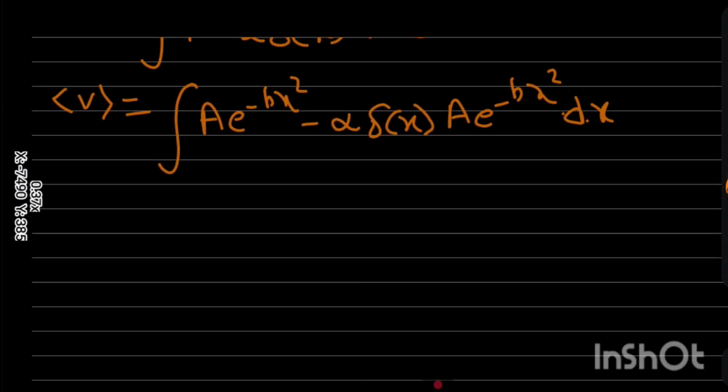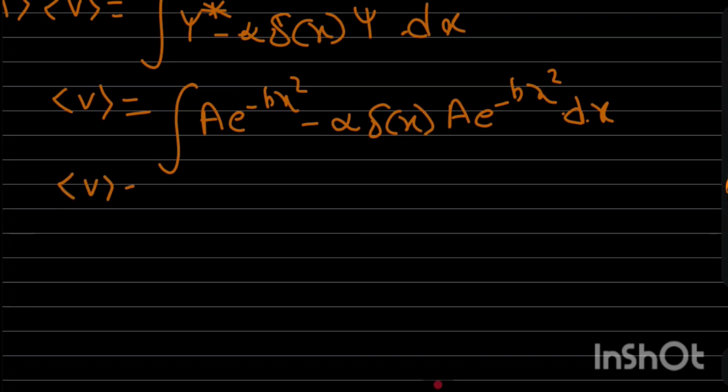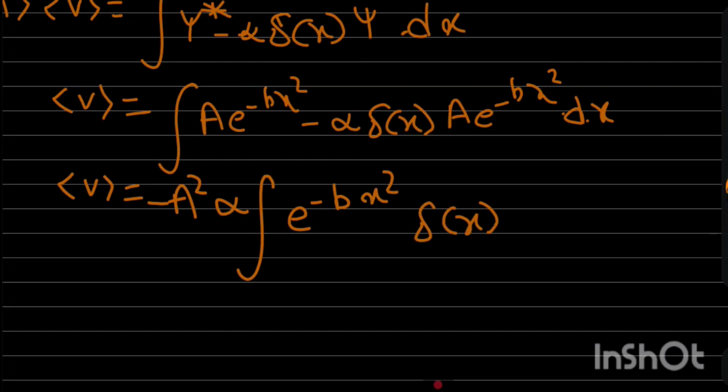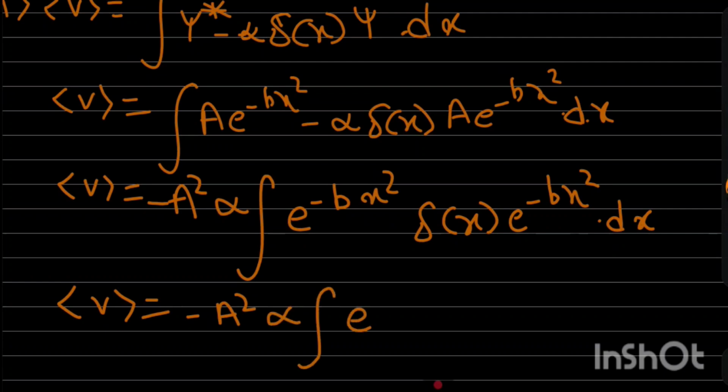If we simplify this, the a square comes out, and also negative alpha, with the integration of e to the power minus bx square, the delta function, and e to the power minus bx square dx.